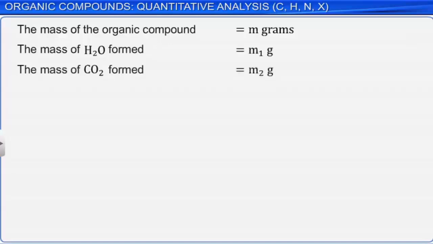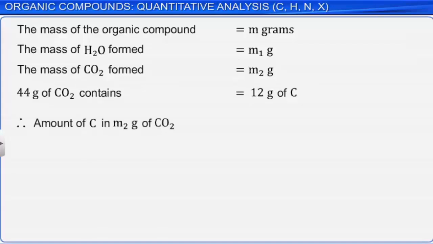We know that 44 grams of carbon dioxide contains 12 grams of carbon. Therefore, the carbon content in m2 grams of carbon dioxide may be calculated as 12 multiplied by m2 divided by 44.